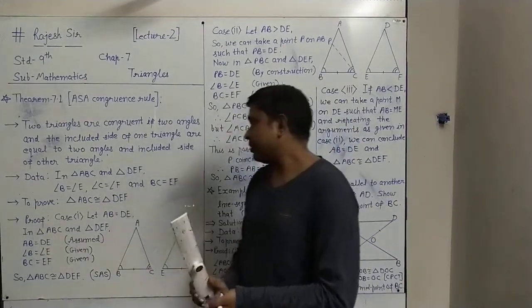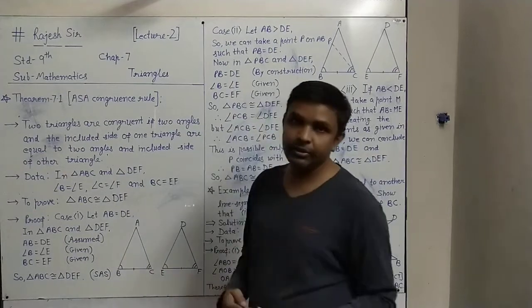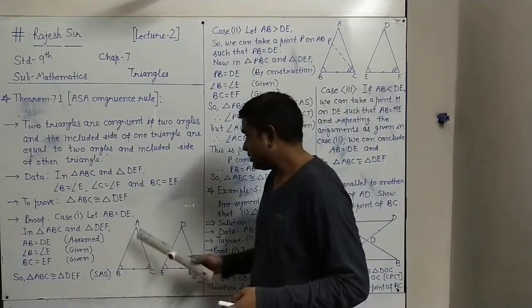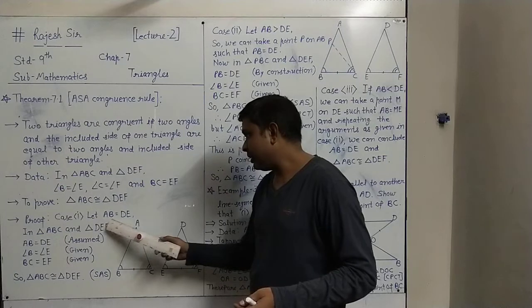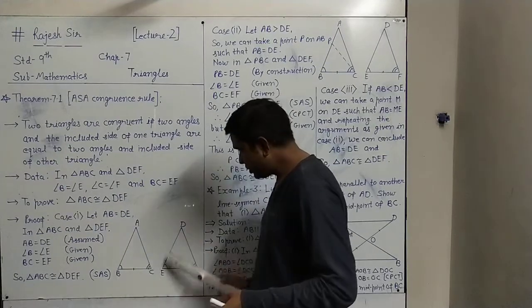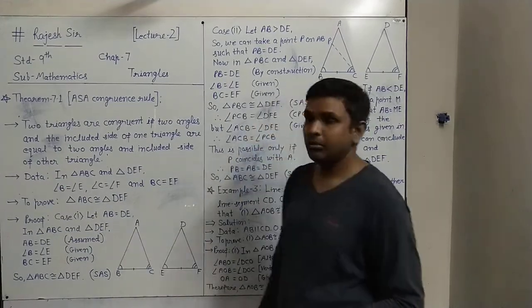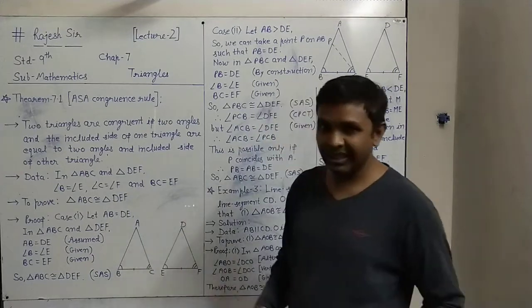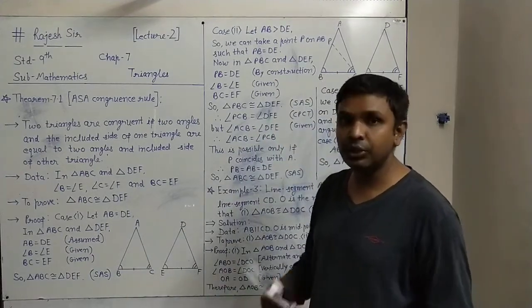In the proof, we will prove this in three cases. In case 1, we will assume or let AB equal DE. Because it is not given that AB and DE are equal, we are assuming it.